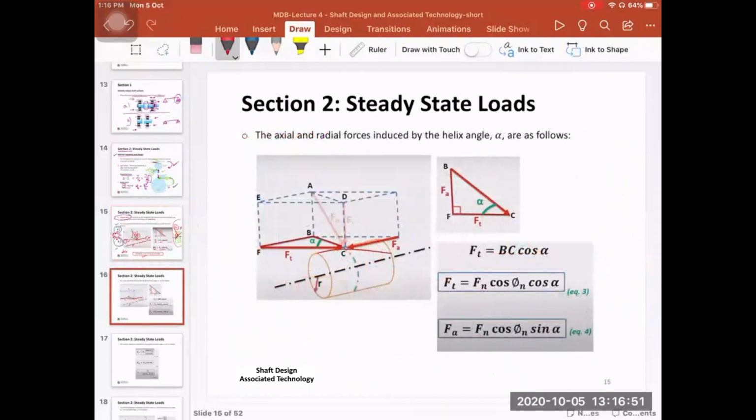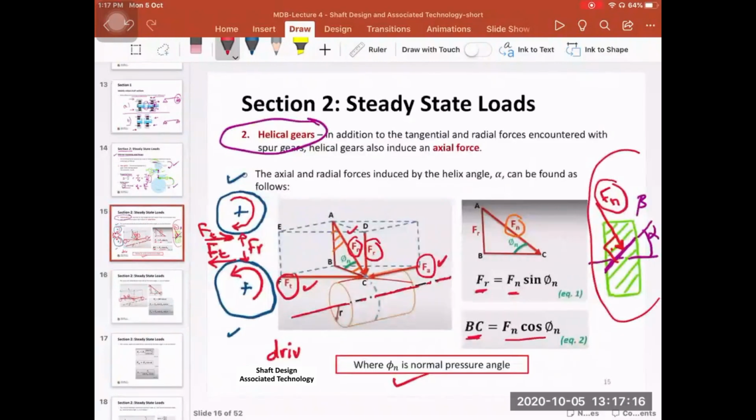So if I go back here, if we focus on this plane, in this triangle here, we have the triangle FCB, where this side here is parallel to FA, so I'm going to call this FA, and then this side BC is based on the previous slide. If I go to the previous slide, you see here we have this side BC, and we have an equation for BC.